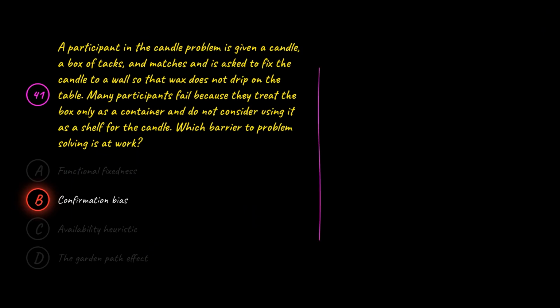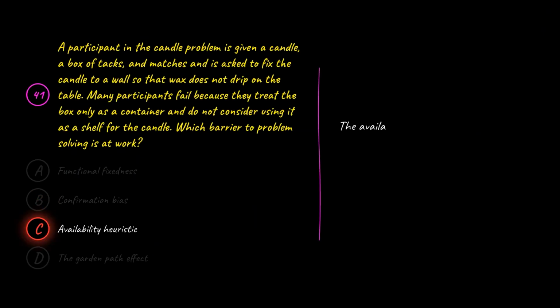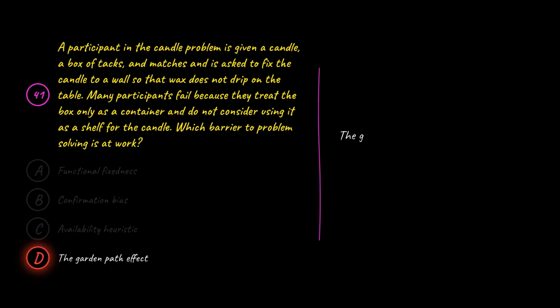B is wrong because confirmation bias is a tendency to seek information that confirms existing beliefs, a reasoning bias rather than a use-based problem-solving block. C is wrong because the availability heuristic involves judging frequency by how easily examples come to mind, unrelated to repurposing objects in a problem. D is wrong because the garden path effect concerns sentence parsing and reanalysis, an entirely different domain.